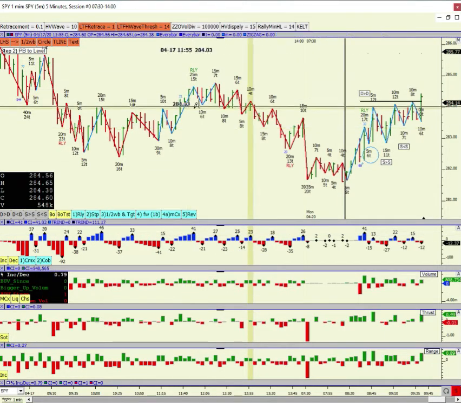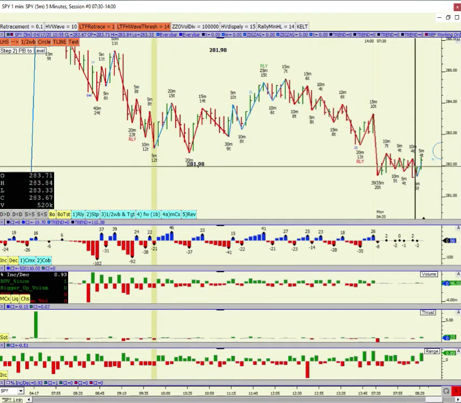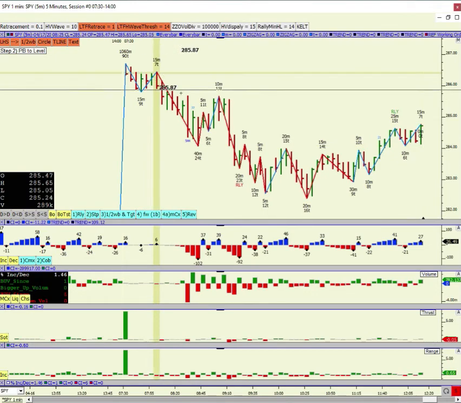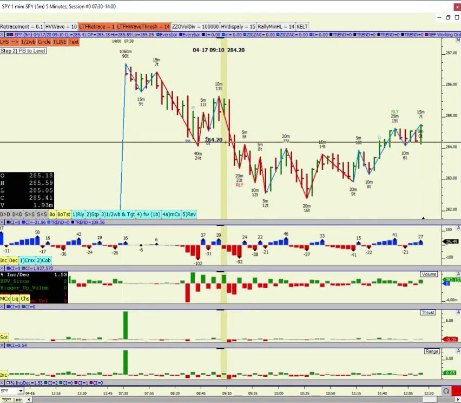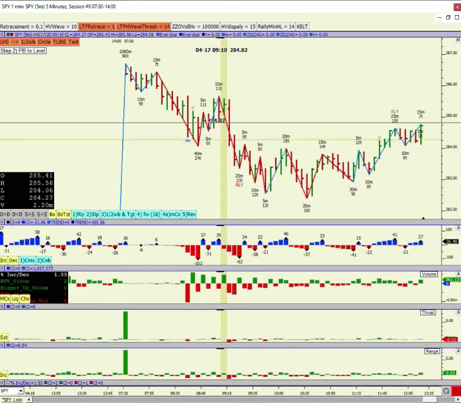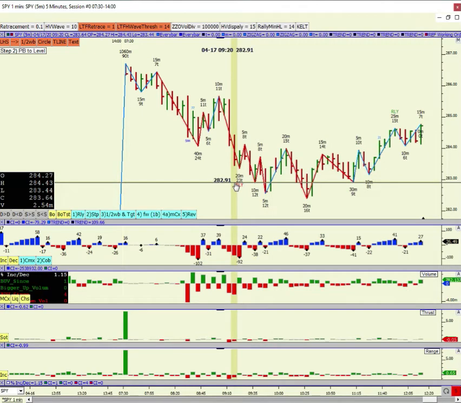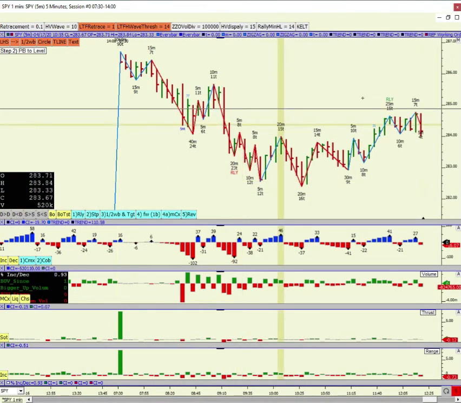Now this turn I can't really detect it, so no point. Let's see, where else? I think here. This one.